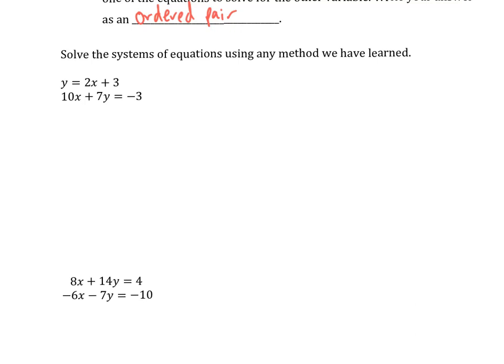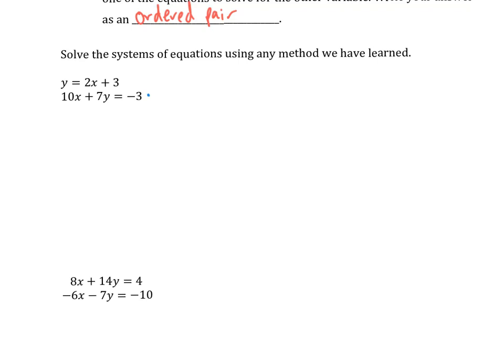Well, the easiest way to graph an equation is if it is in slope-intercept form. In this case, we have one equation that is not in slope-intercept form. This second equation is not in slope-intercept form. So it's going to be kind of hard to graph that equation unless we solve first, but that seems like a lot of work. Let's check a different method.